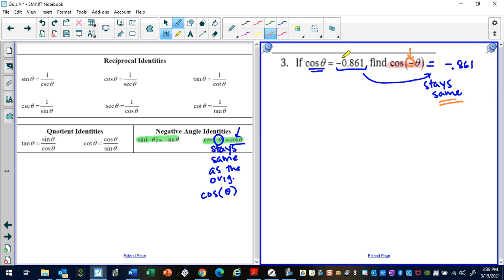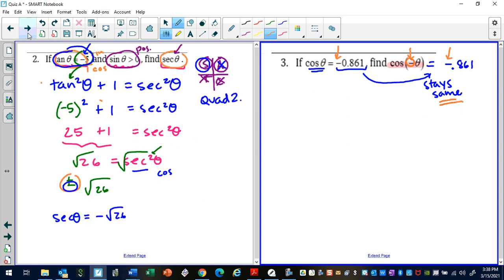This answer happened to be a negative, so it stayed a negative. A lot of people thought, oh, the negative on the angle drops, the negative goes away, and so they got rid of this negative. But this wasn't the negative on the angle, this was the negative on the answer. So hopefully that helps a little bit. Feel free to let me know if you have more questions on that you want to go over.